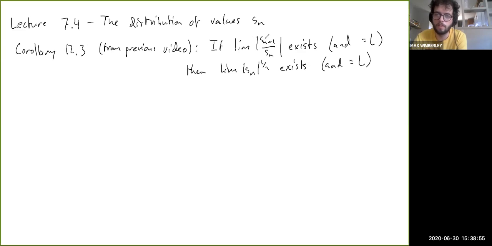So if this one has the same lim inf and lim sup, then this one does too. And we know that implies that this sequence has to converge. And of course, since they both have to equal the same number, the limit here equals the same thing as the limit here. Or not necessarily a number, I guess it could be infinity or negative infinity. But anyway, that's the corollary.